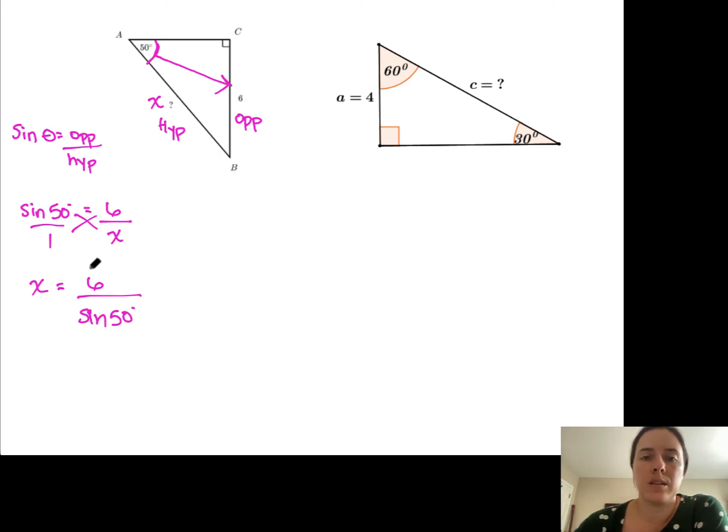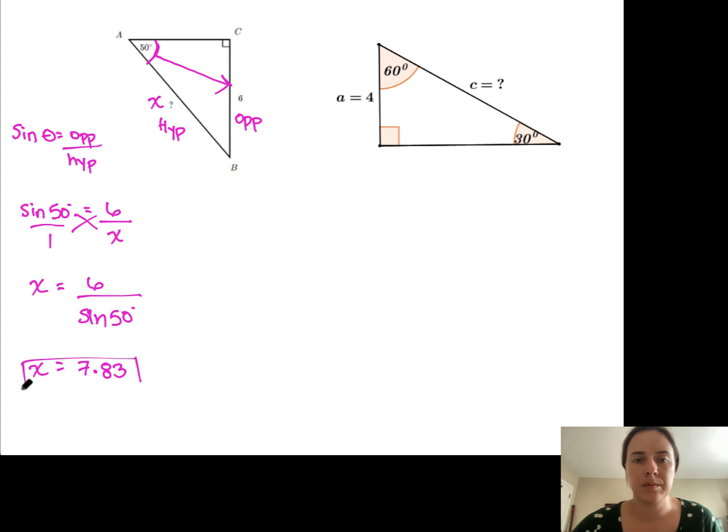All right, so x is equal to 6 over sine 50. So let's punch that into our handy dandy calculator. So 6 divided by the sine of 50 degrees gives us a hypotenuse of about 7.83. All right, and that is a reasonable answer as it is longer than one of our sides.